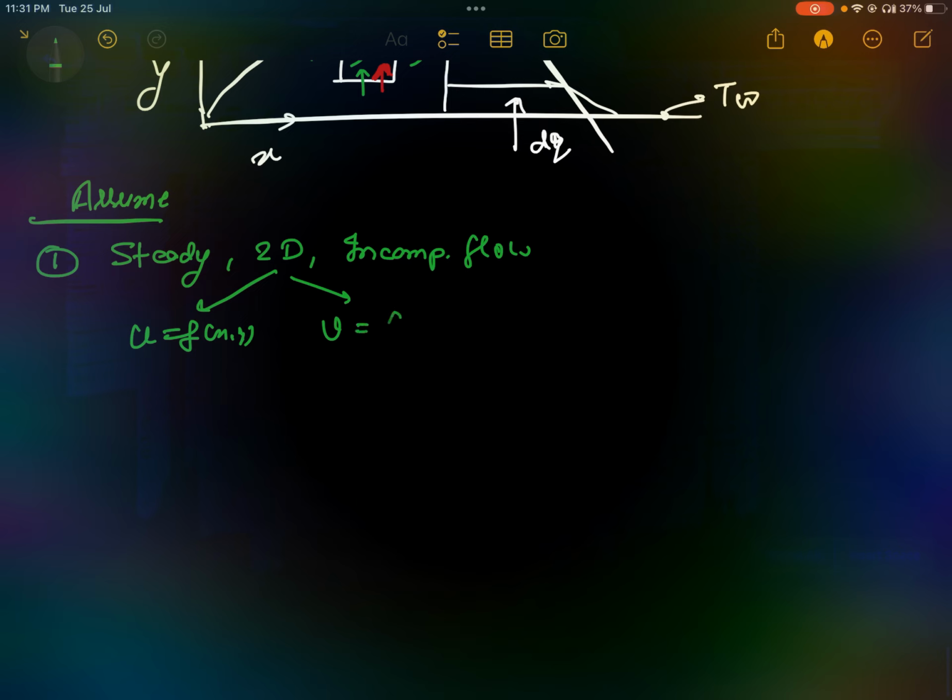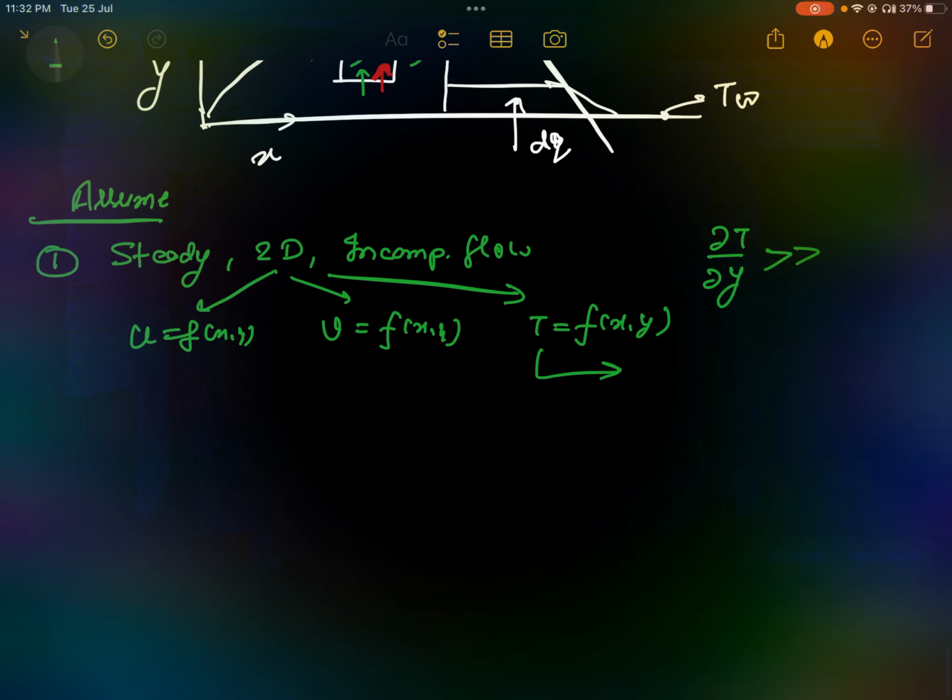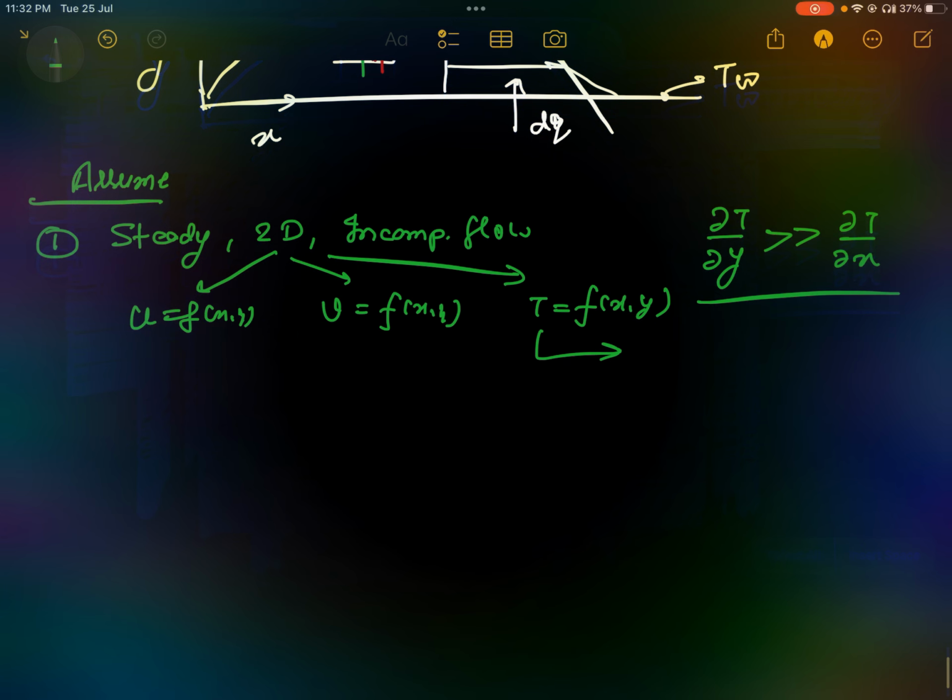The v component is also a function of x and y, and the temperature will also be a function of x and y, which we want to find out as the temperature profile. Here one more thing we have to keep in mind: the temperature gradient with respect to y is much greater than the temperature gradient with respect to x. It means that the change of temperature in the y direction is more than the change of temperature in the x direction. So here the temperature is a strong function of y and a very weak function of x.